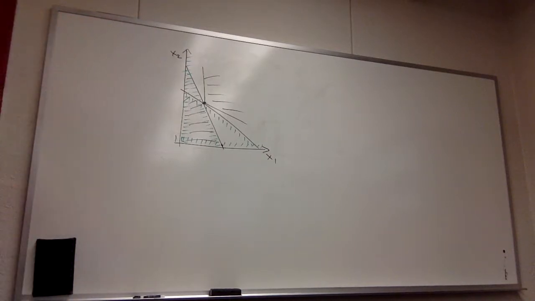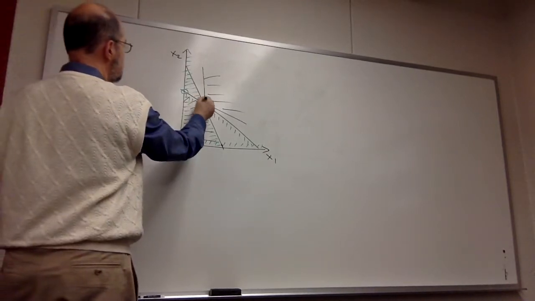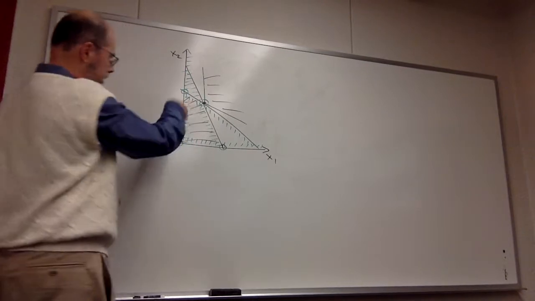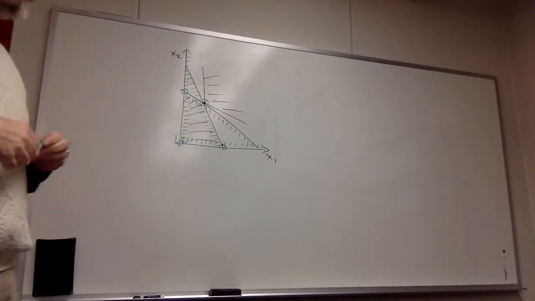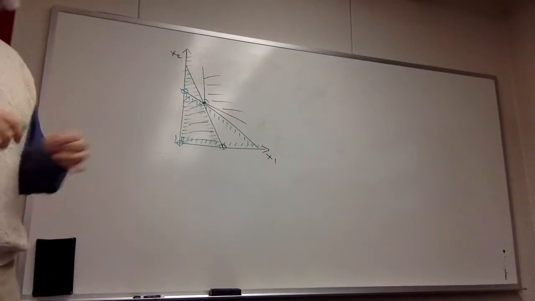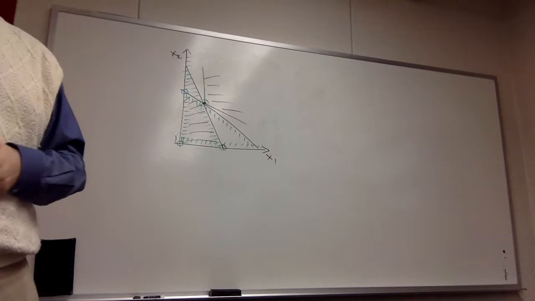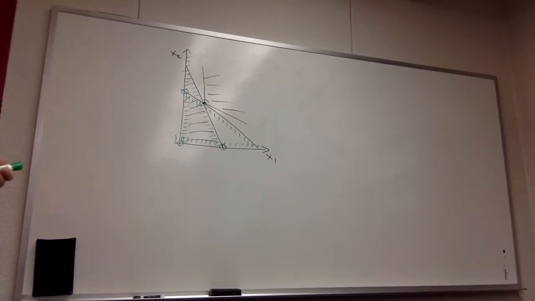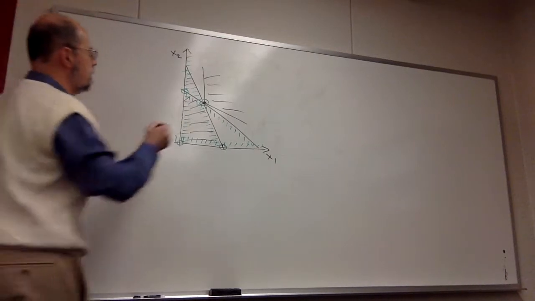So I have four closed half spaces. They all intersect into a set that is bounded by these points, and then the line segments connecting them. The circles I wrote are just to highlight those points. They're not part of anything really. All right, so this is your feasible set.